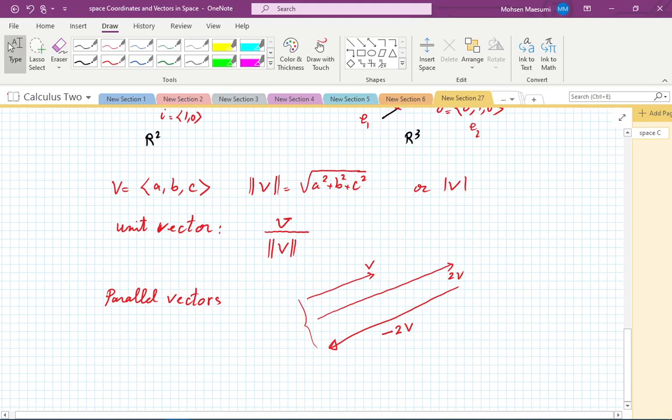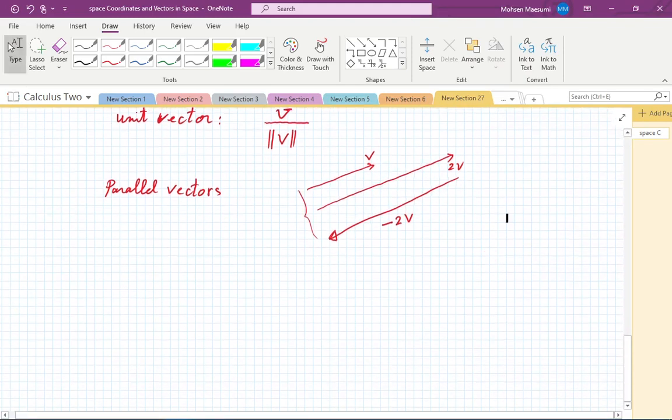One of the issues that's rather hard to see in 3D, but was easy to do in 2D: if you have 3 points, the issue comes up, do they line up, or are they offline?